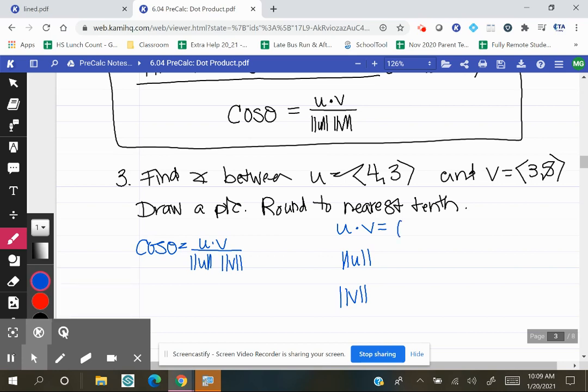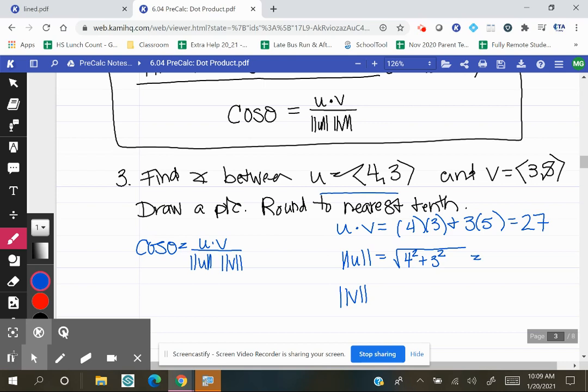All right, so your dot product should have been 4 times 3 plus 3 times 5, and that should give you 27. For the magnitude of u, we take the square root of a squared plus b squared, so 4 squared plus 3 squared.